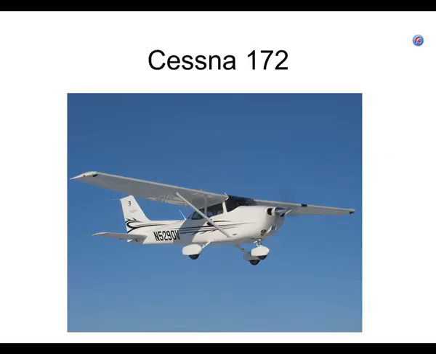Is that good enough? Okay, this is Cessna 172, and you can see that the three wheels are down and they're fixed and they're covered and they're not likely to retract. And normally the way you can tell retractable gear from non-retractable is that wheel coverings, the white covering over the top of the wheel.